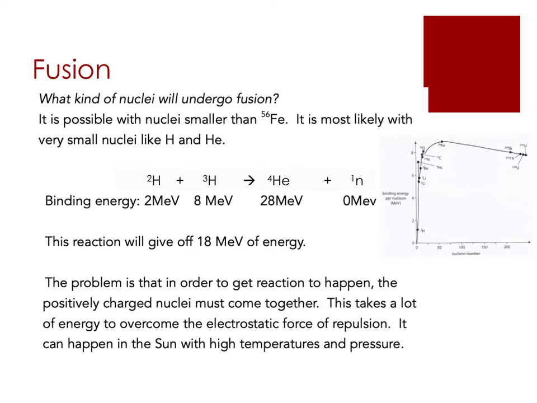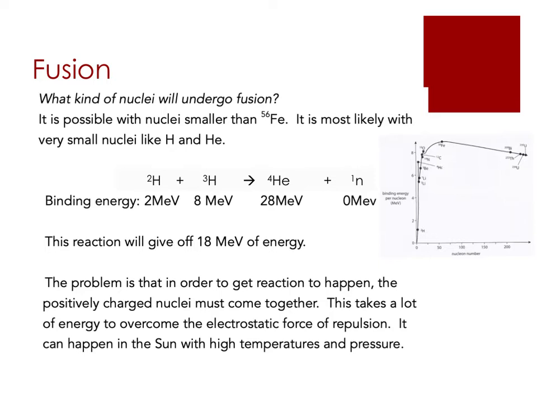I have H with a 2, that's deuterium. So that's hydrogen that has a nucleon number of 2. That would be 1 proton because it's hydrogen and 1 neutron. And it's combining with tritium, because there's a 3 for the nucleon number. That again is 1 proton, but 2 neutrons to make hydrogen.